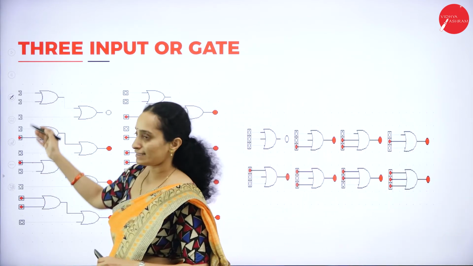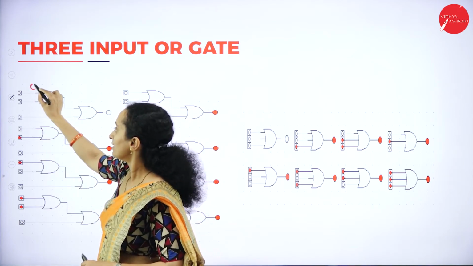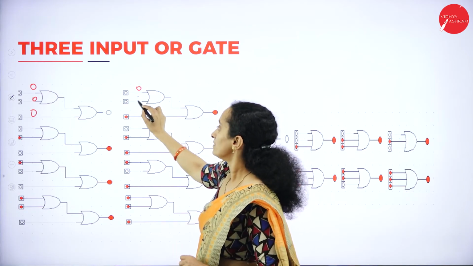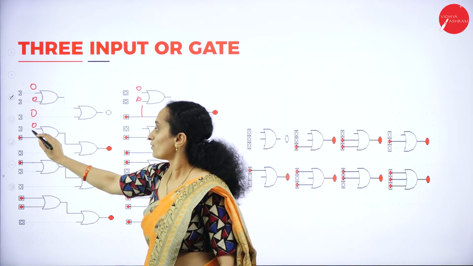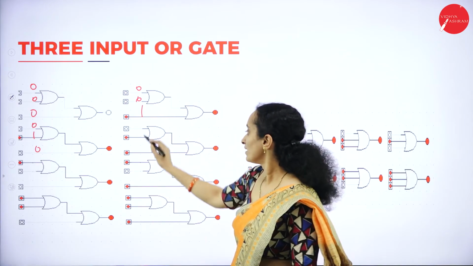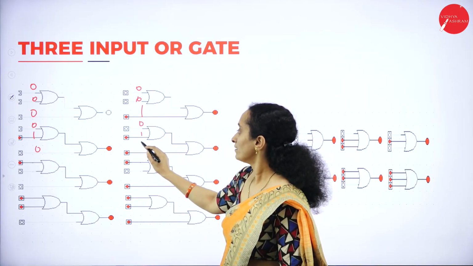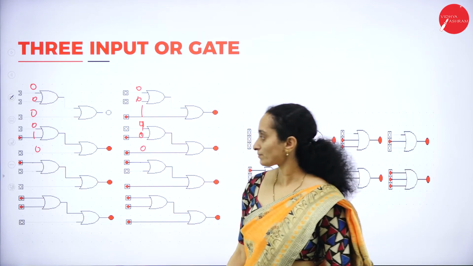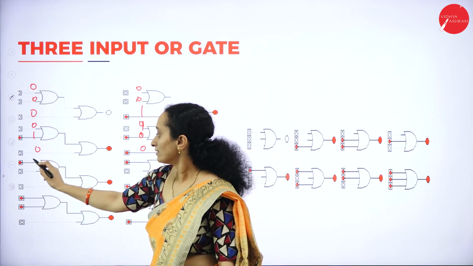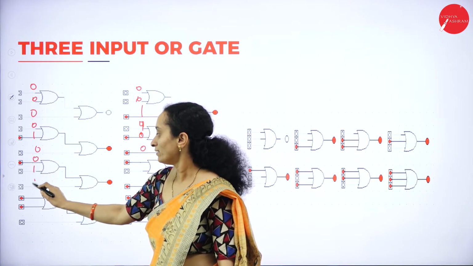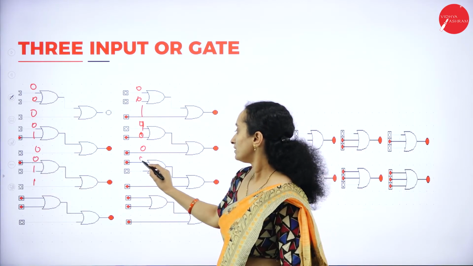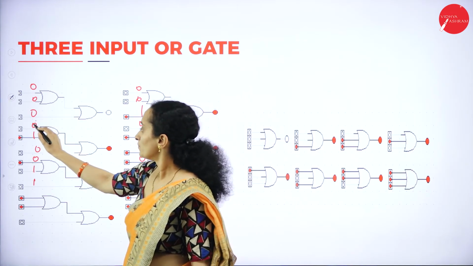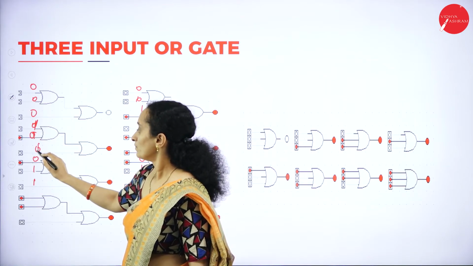Here we have the same thing representing the 0, 0, 0, 0, 0, 1, 0, 1, 0, 0, 1, 1, 1, 0, 0. Then we have the 0, 1, 1, 0, 1, 0. This is 1, 0, 1.